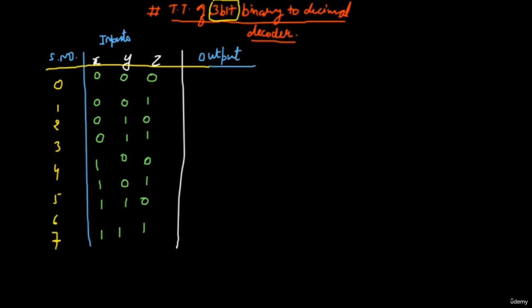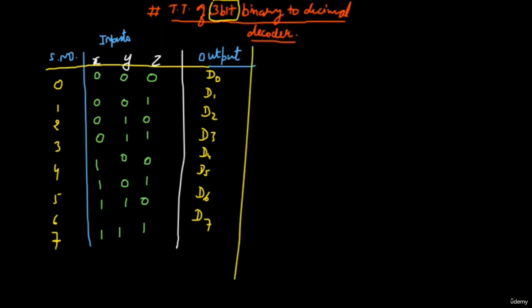So what we're gonna do is D0, D1, D2, D3, and D4, D5, D6, and finally we have D7.